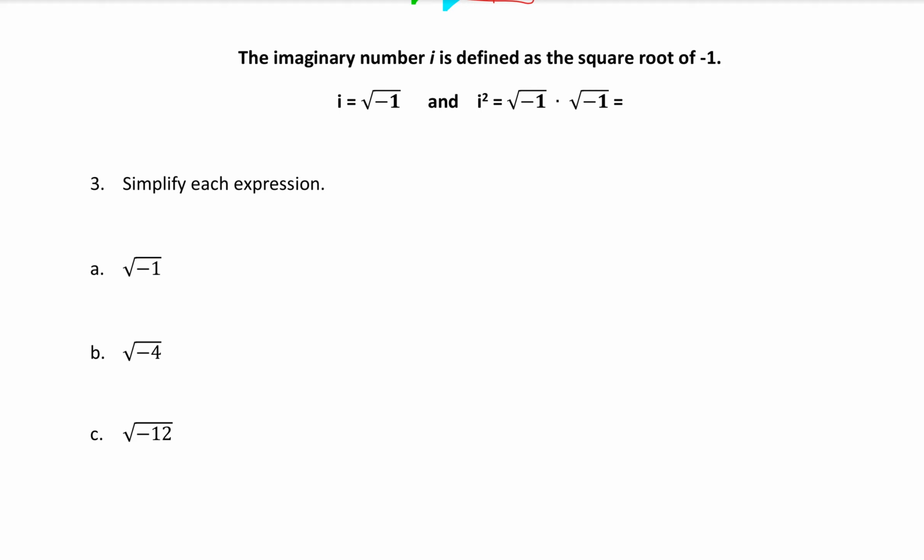So remember, if you're given a square root of a negative 1, we take that negative, pop it out, so that we can just take the square root of 1, which is just 1. So our answer is i. If we were to have an i squared, it would be kind of like saying square root of negative 1 times square root of negative 1, or you can just remember that i squared is negative 1.